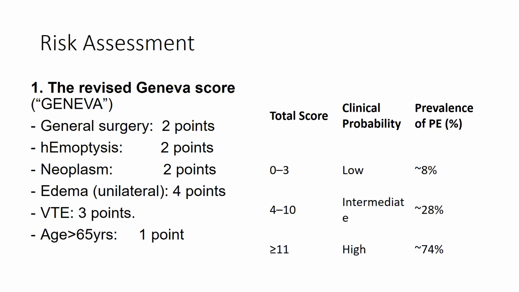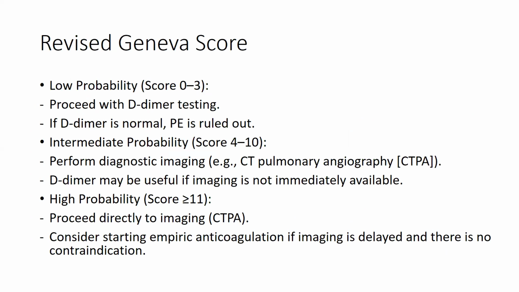If your Geneva total score is greater or equal to 11, the probability is very high, with about 74% risk of having PE. So it's important not just to look at the clinical probability. It also informs you what to do next.